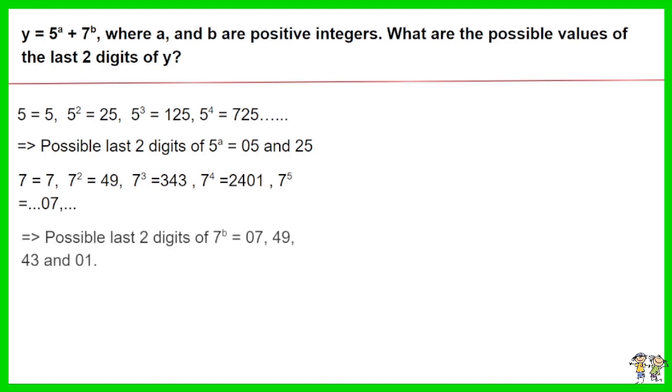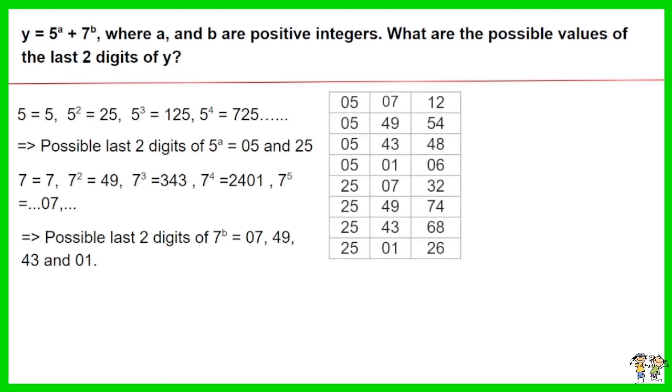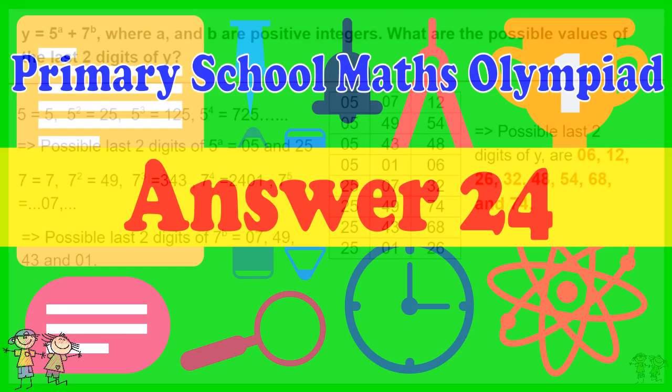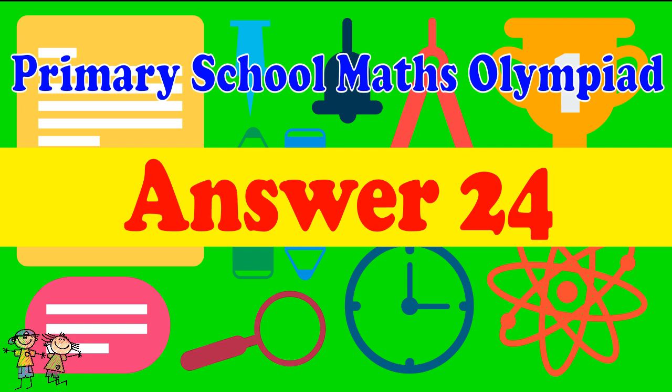As such, the possible last two digits of 7 to the power of B equals 07, 49, 43 and 01. Build the table as shown. From the table we derived the possible last two digits of Y are 06, 12, 26, 32, 48, 54, 68 and 74.